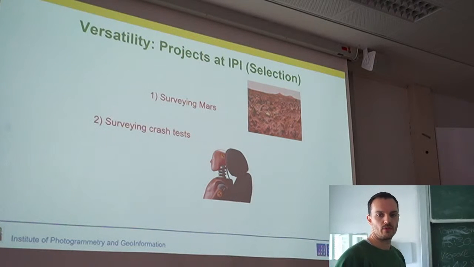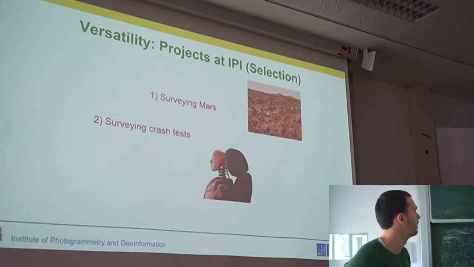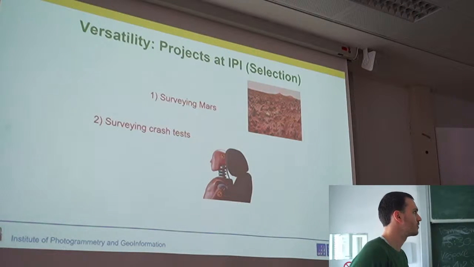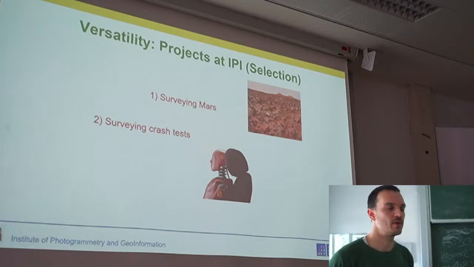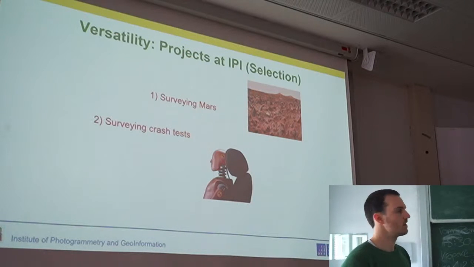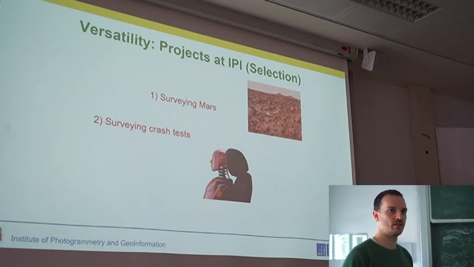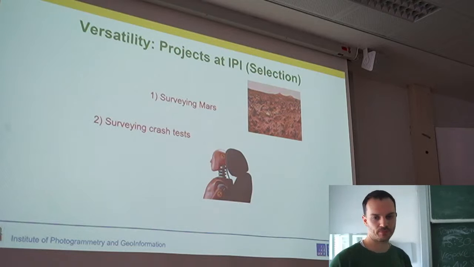Lastly, I have 2 examples showing a bit of the versatility of the research we are doing. These are 2 projects IPI was dealing with in the past, but they are quite a nice example to show how many different topics we can actually address with photogrammetry.